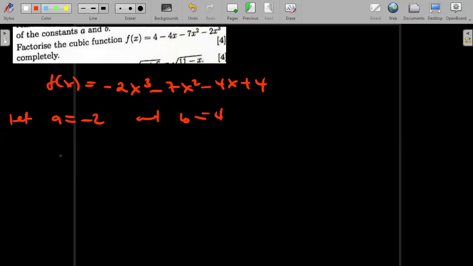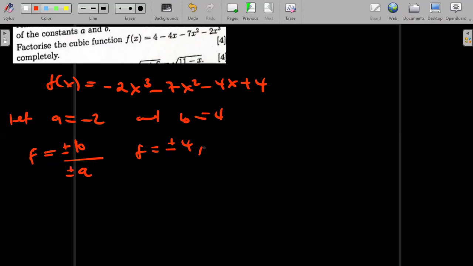So when we say to find the factors of this, I'll be saying possible factors, which will be given by all the factors of b, negative and positive, divided by the factors of a, negative and positive.